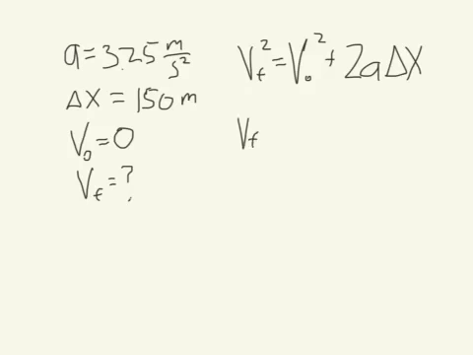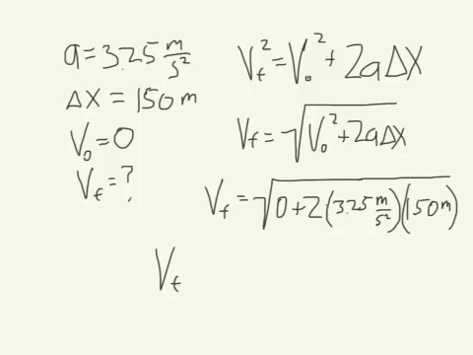We're going to take the square root of both sides and then plug our numbers into the calculator and get our answer. And that is more than 60 miles an hour. But there would have been some wind slowing the skier down, so probably in real life not quite that fast.